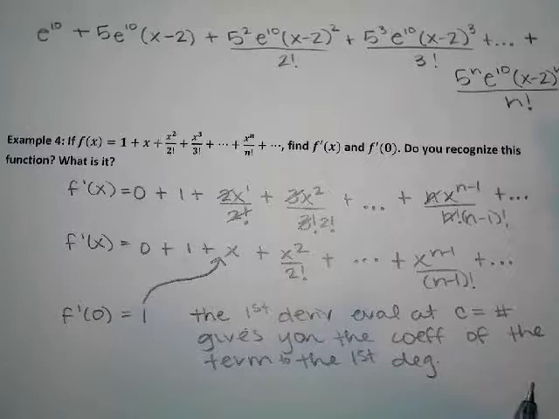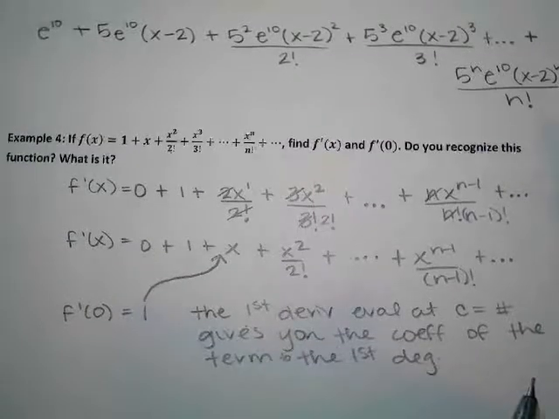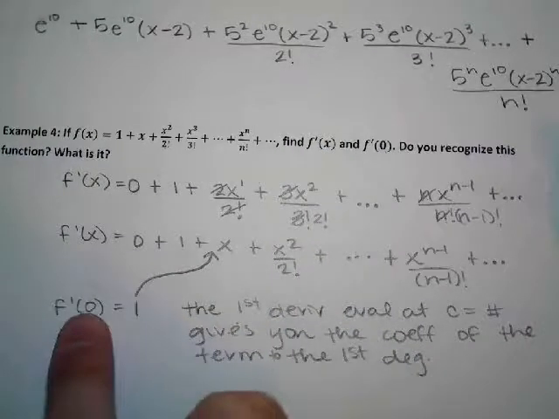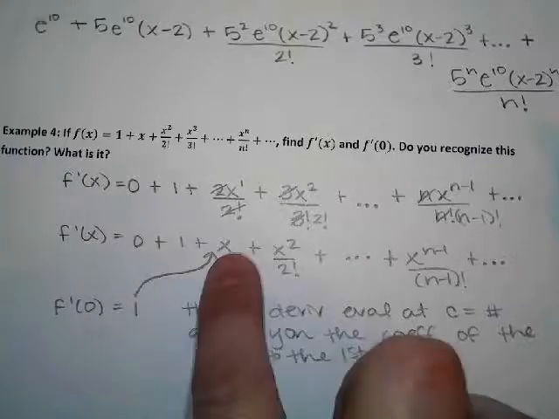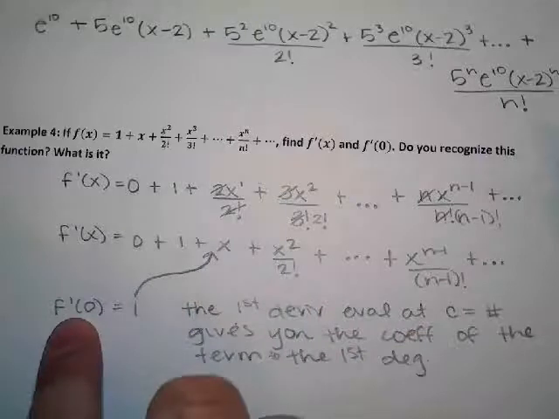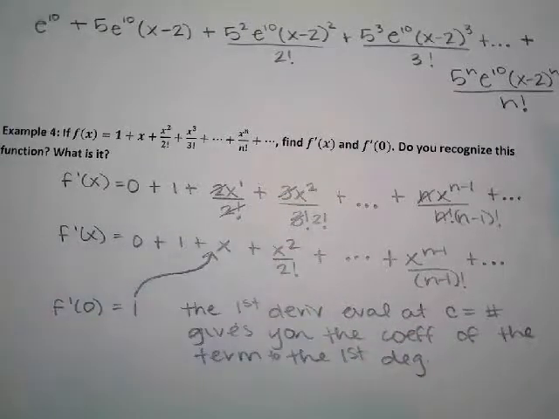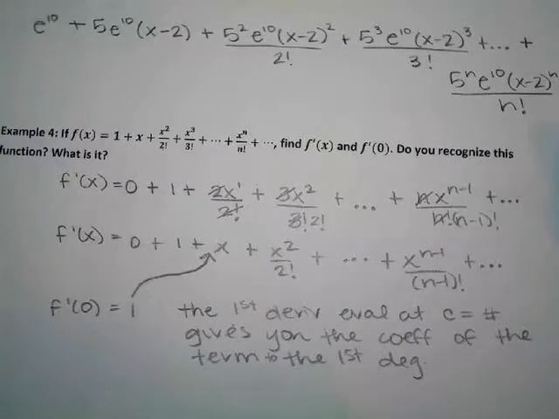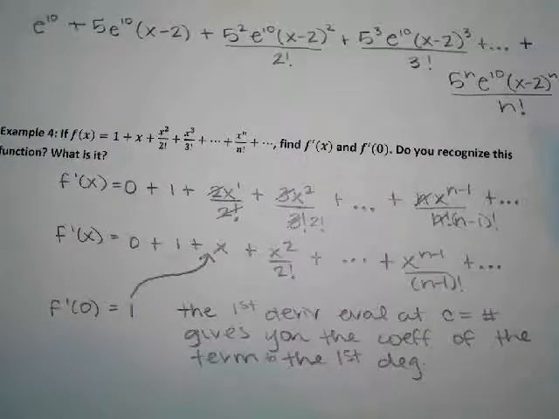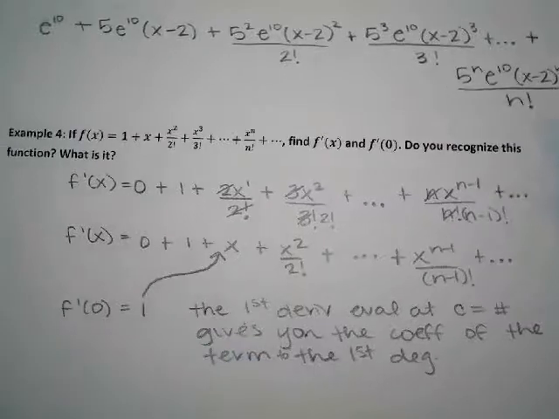So if it's the first derivative, it's the first degree coefficient. If it's the second derivative, it's the second degree coefficient. That's how we match them up. But if you plug in 0, it would just be 1 because that would cancel. Then what if your coefficient isn't 1 for that?